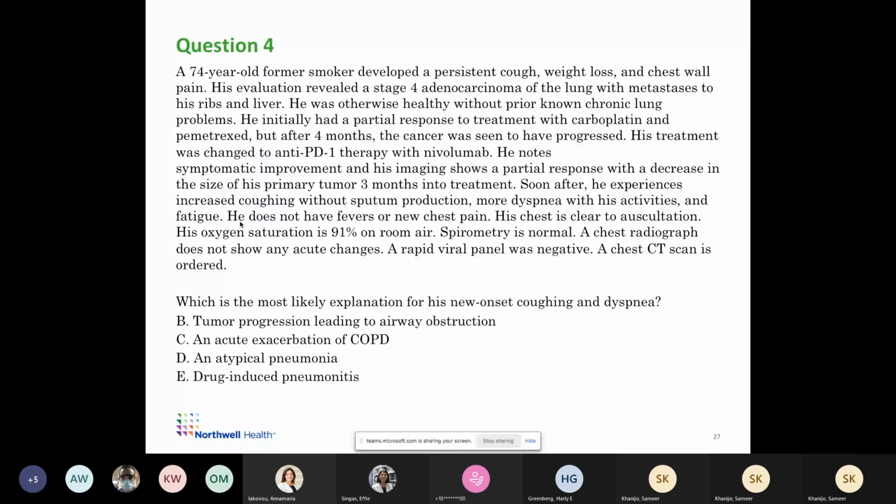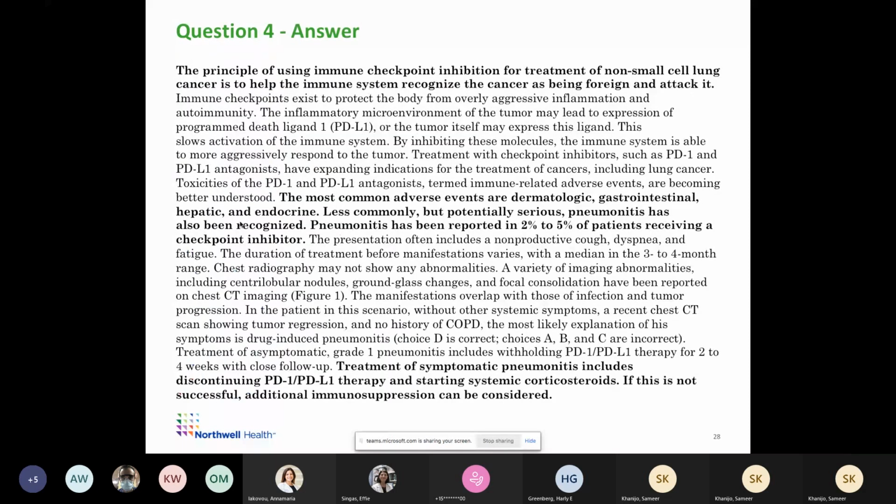And now you're seeing someone who went from a platinum-based therapy with carboplatin and pemetrexed to a PD-1-based therapy with nivolumab, which we know causes pneumonitis. In the same way it can cause sarcoidal-like reactions, immune checkpoint inhibitors can also cause interstitial lung disease or pneumonitis.